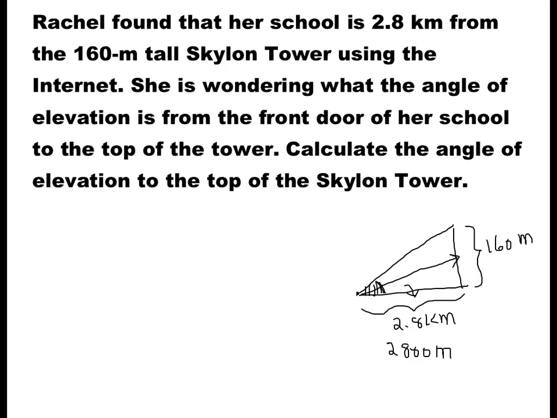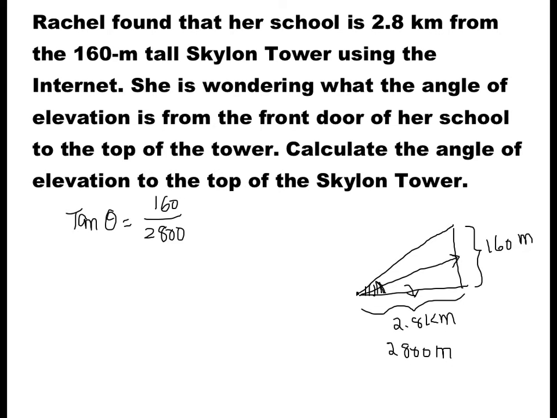What trig ratio can we use for this case? It is obvious that the trig ratio that we can use is tan, so we can say tan, let's call that angle theta, is equal to 160 over 2,800.